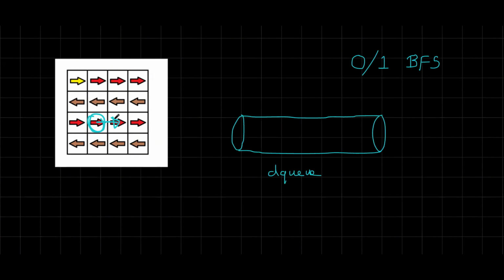So if we take a deque to process the 0-1 BFS, we can store the right cell into the front side of the deque. And by using one flip, we can go up, down, and left.